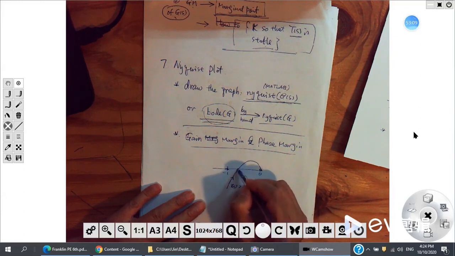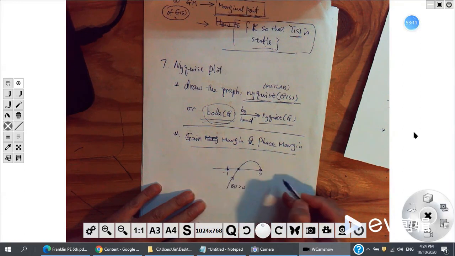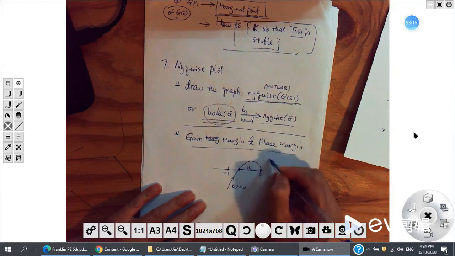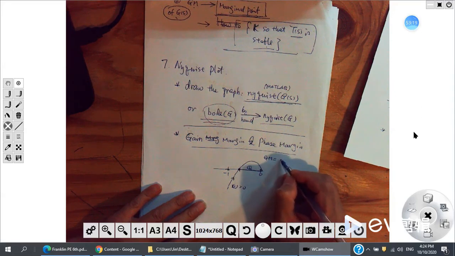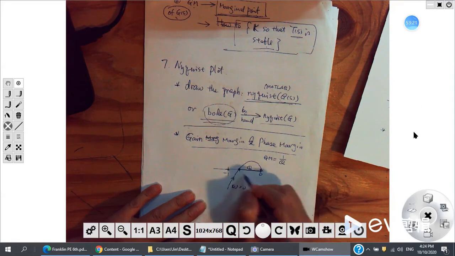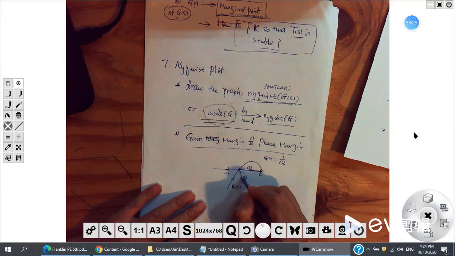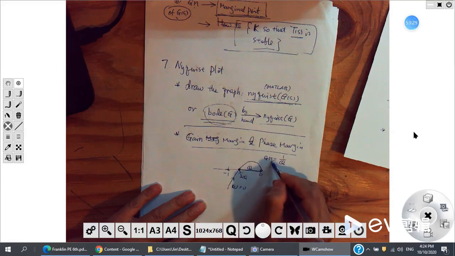Then you have this point. Suppose the distance here is q. Then the gain margin will be just 1 over q. This point is negative q. The length here is q. The 1 over q is the gain margin.